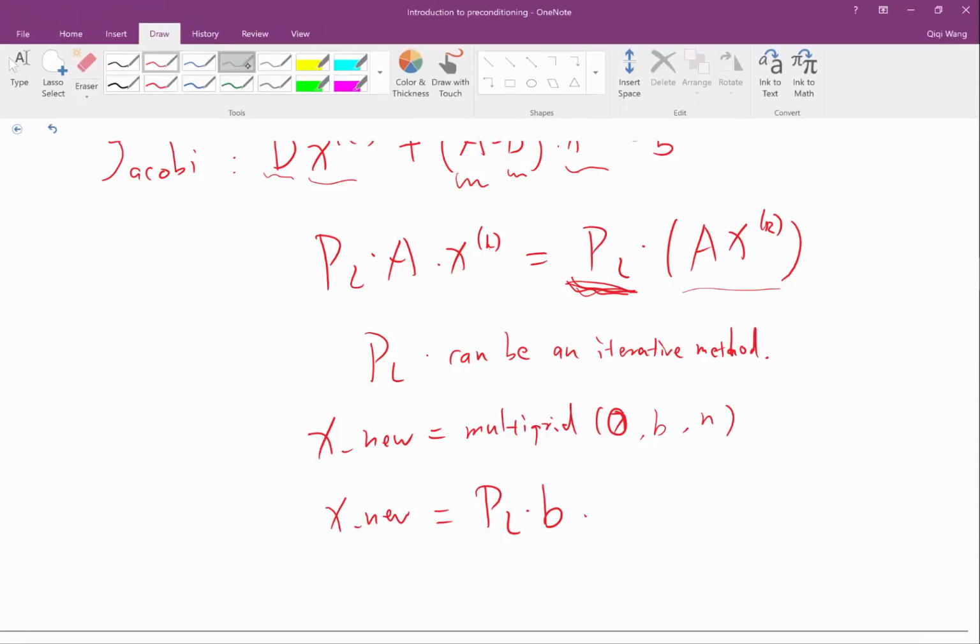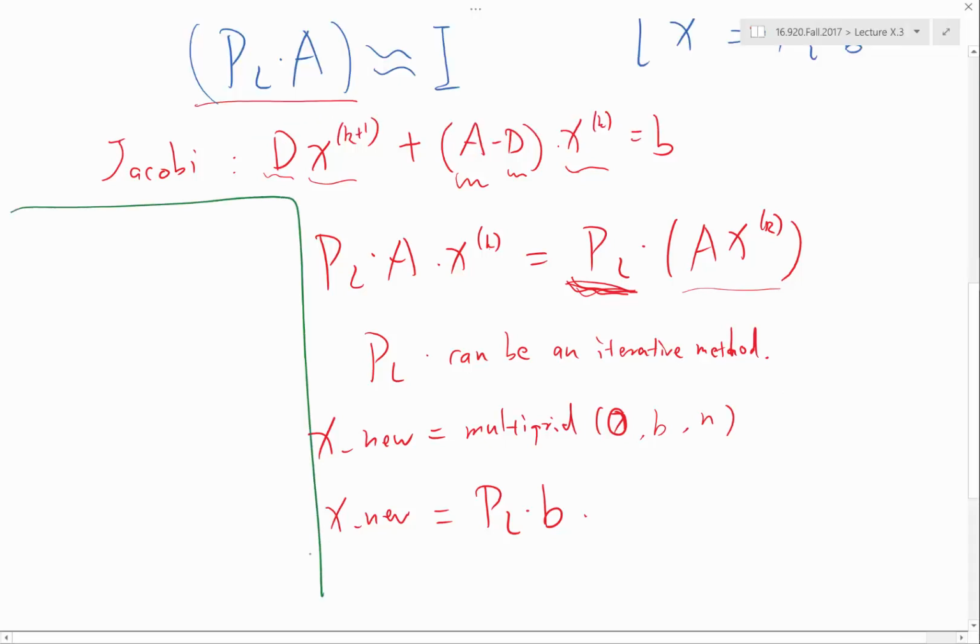Let me give a procedure. If you have a program, you have a for loop, I in GMRES, for example. And inside the GMRES, you compute the residual. You actually compute A xk, and after you compute A xk, you apply multigrid.